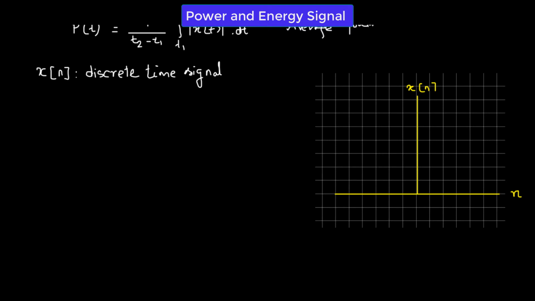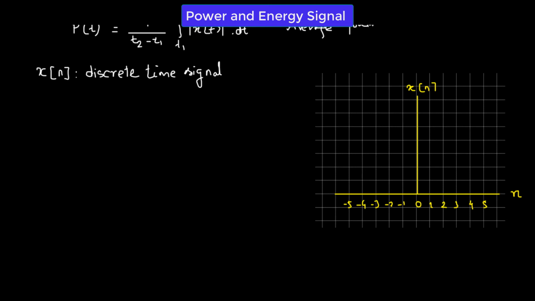So a discrete time signal is going to have discrete values. So this is 0, n equals 1, 2, 3, 4, 5, and on the negative side we have -1, -2, -3, -4, -5, and so on.